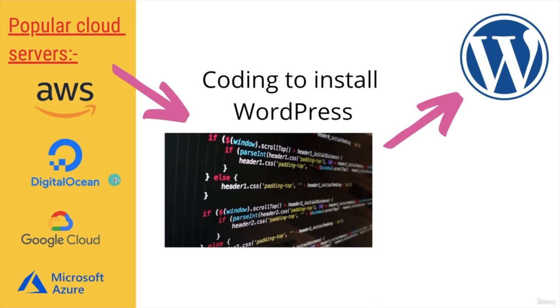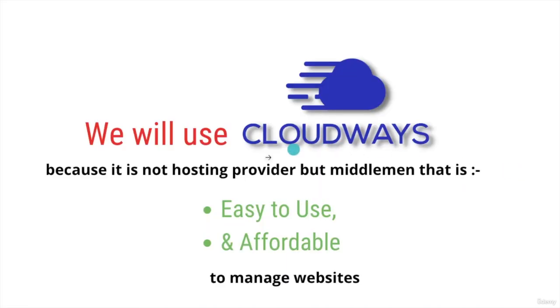You need to do a little bit of coding to install WordPress. Now this is the problem, because if you only know how to use WordPress, some people find even a little bit of coding very difficult. So for them we have a very good solution, that is CloudWays.